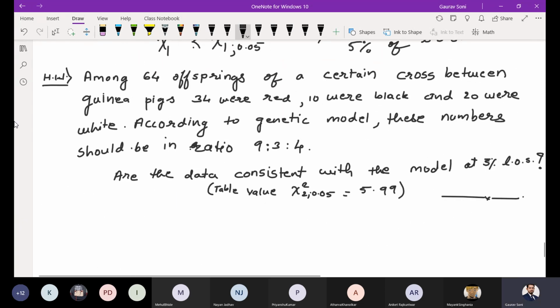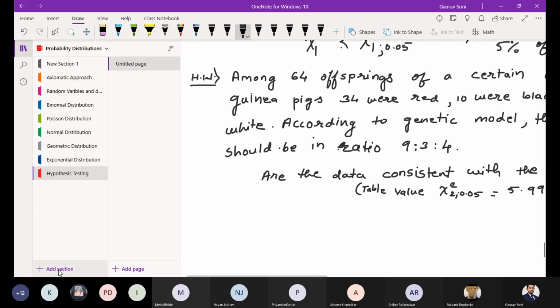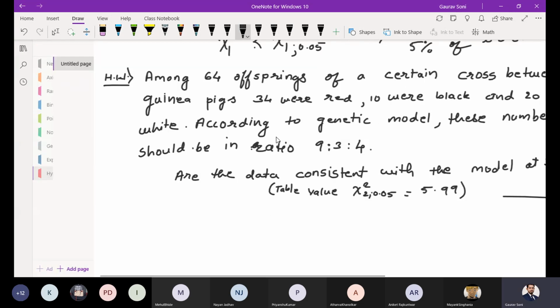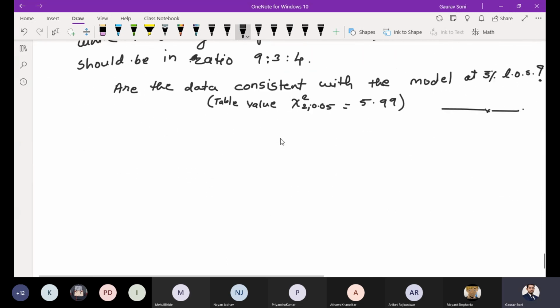So I'll start with the new point, that is testing of hypothesis using T distribution.